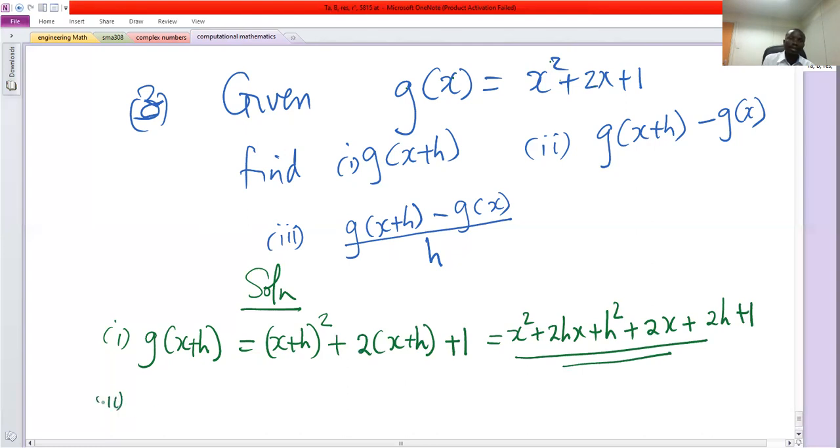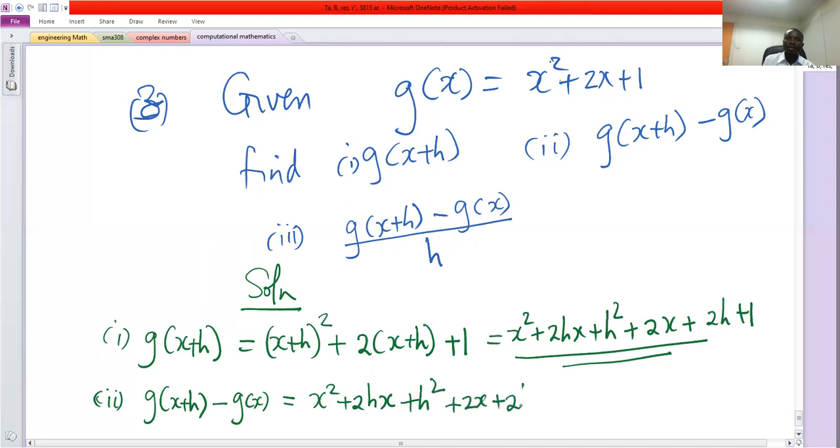And the second part, g of x plus h minus g of x. We have already defined g of x plus h as x squared plus 2hx plus h squared plus 2x plus 2h plus 1. And then you subtract g of x, which is already given as x squared plus 2x plus 1. Remember, you have to put this bracket so that you don't interfere with the signs.